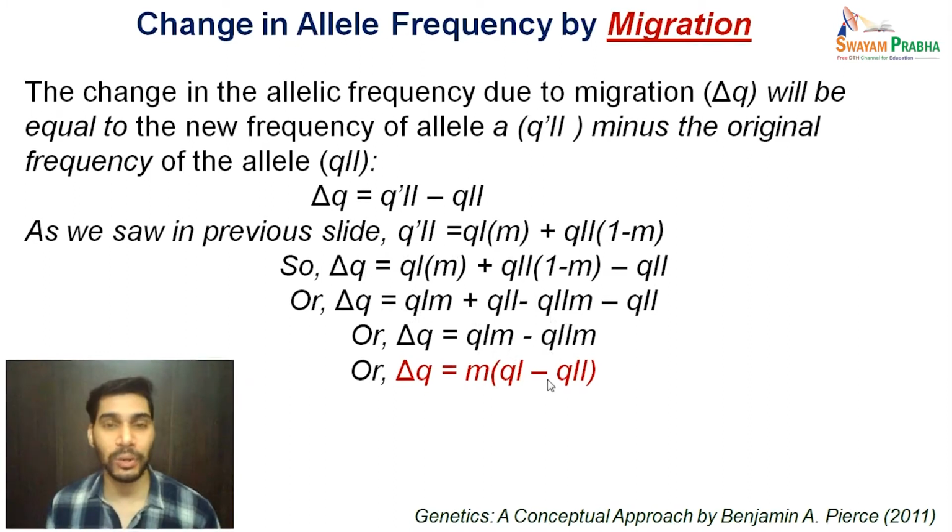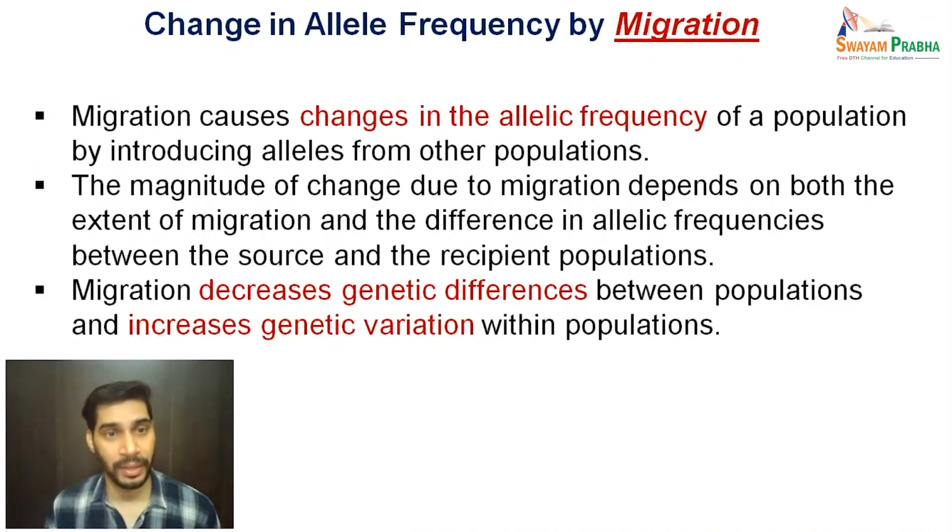So this is the overall mathematical expression with which you can calculate the change in allelic frequencies because of migration. It causes change in allelic frequency of a population by introducing alleles from the other population. That is the common effect of migration. The magnitude of change due to migration depends on both the extent of migration and the difference in allelic frequencies between the source and the recipient population.